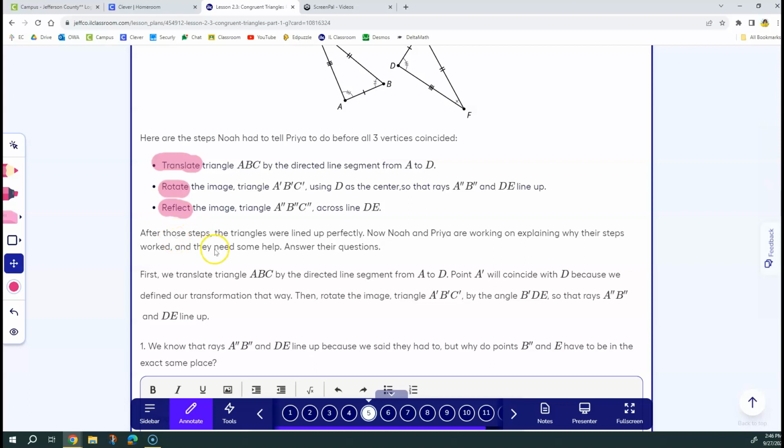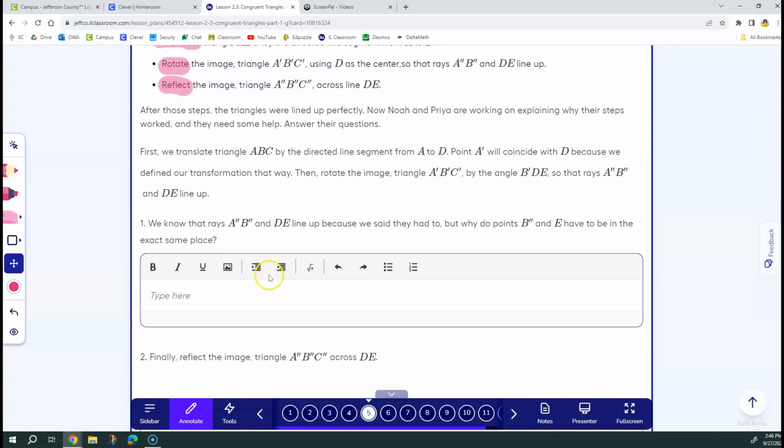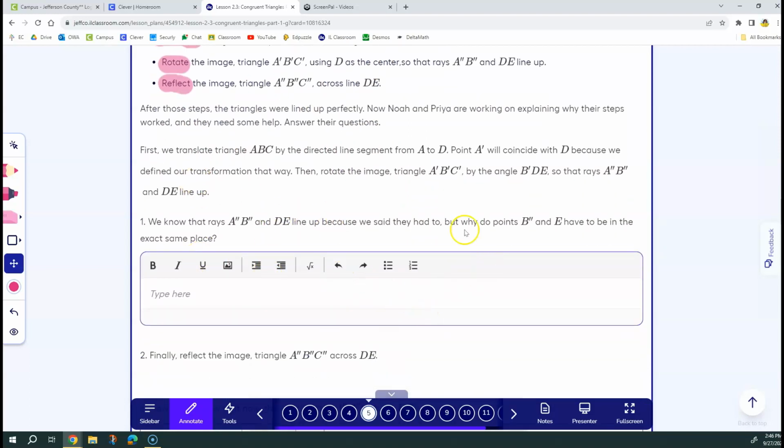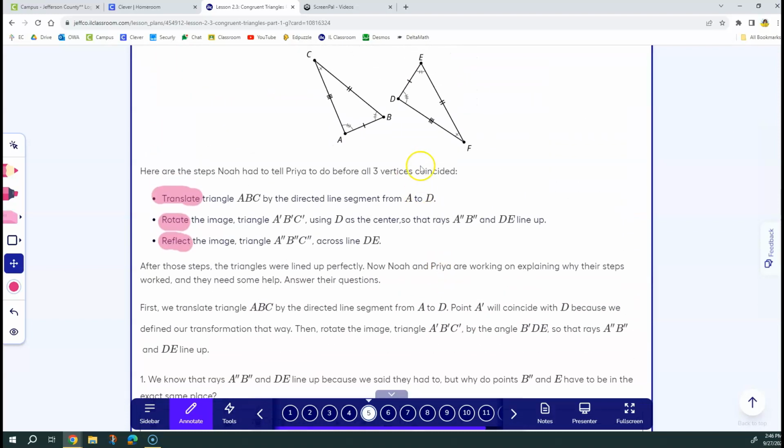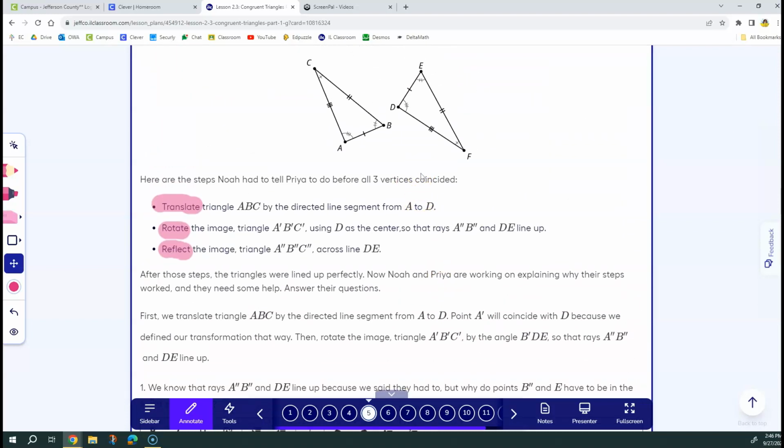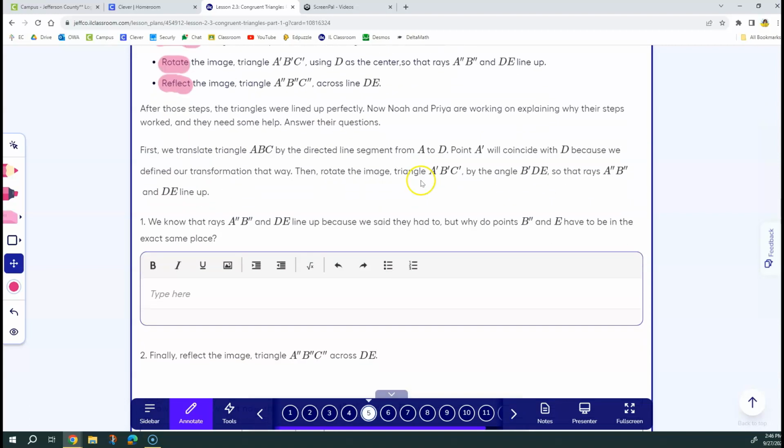So logically speaking, how do we know that these points, these sides, these angles will match up? Think about it logically. Why are they going to match up?